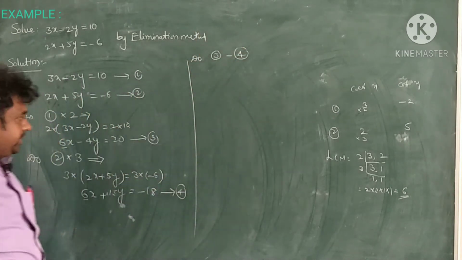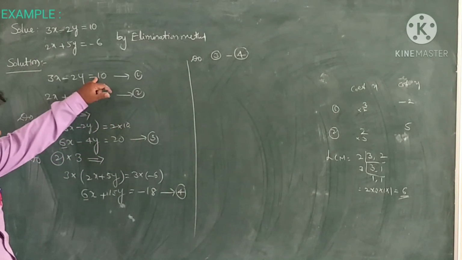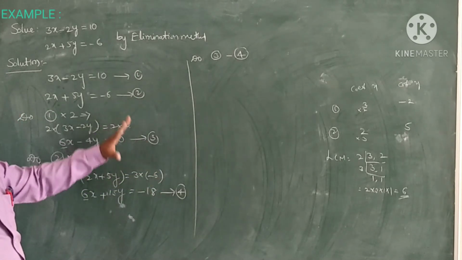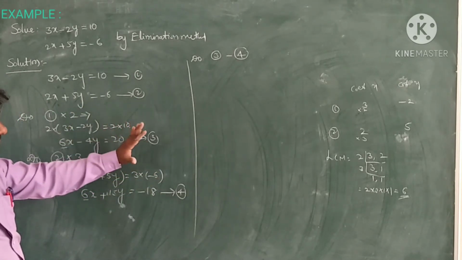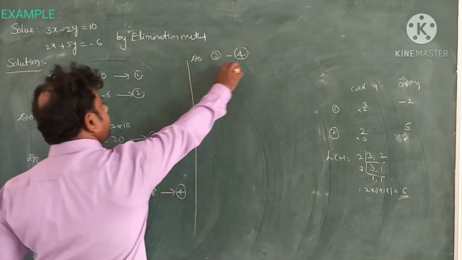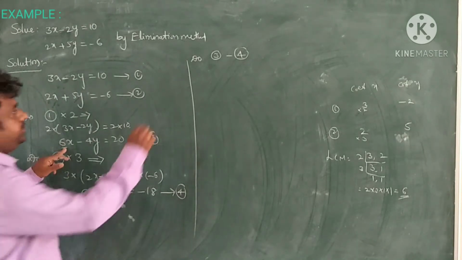Students, one thing: equation 3 is nothing but equation 1, and equation 4 is nothing but equation 2, because we can multiply both sides by a constant number. Now we should subtract 4 from 3.